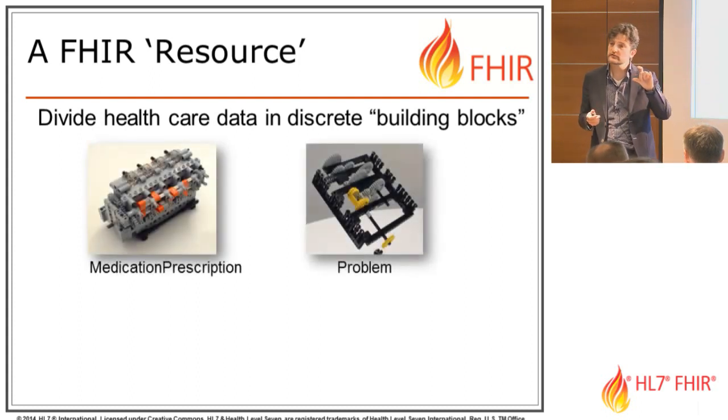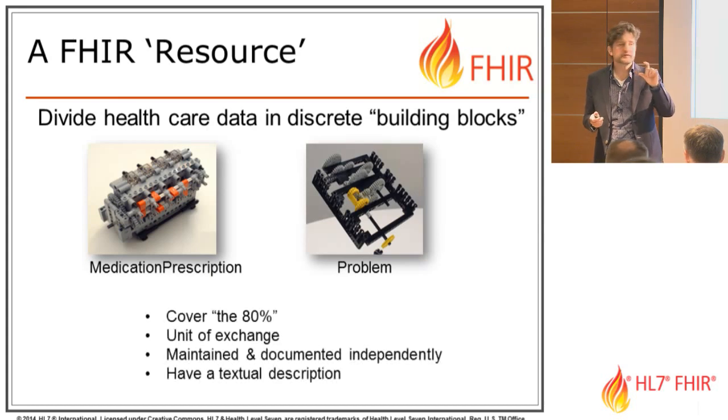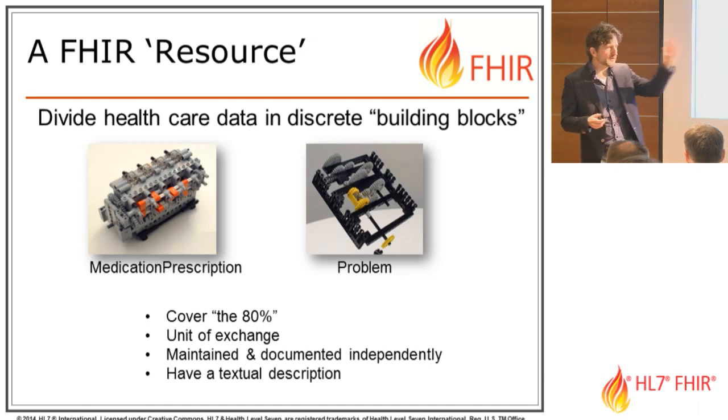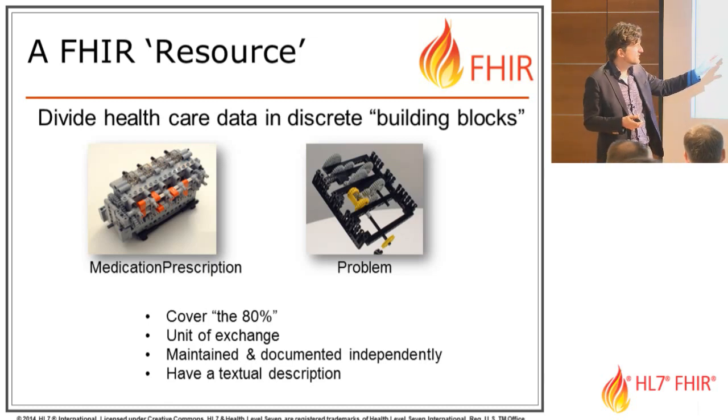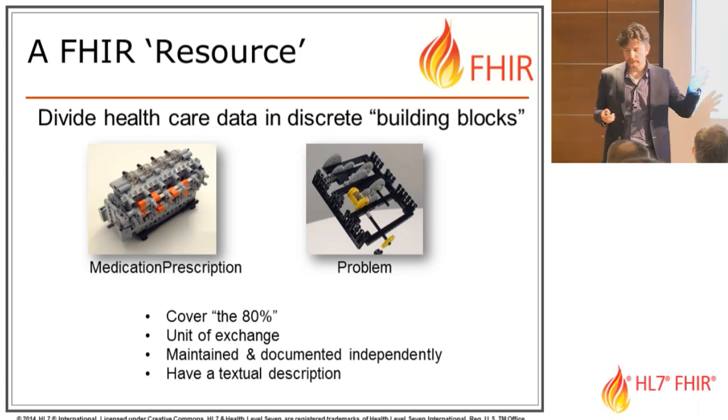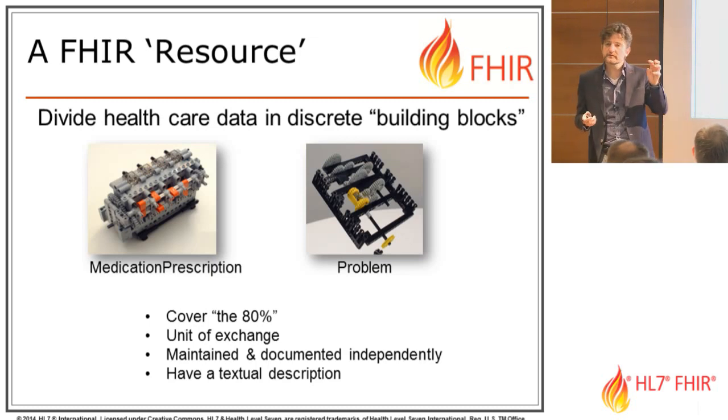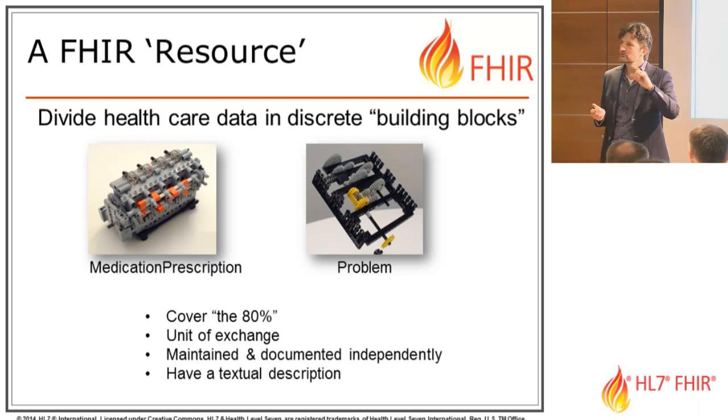These are little data models, maybe 20, 30 data elements, defined in the FHIR specification. The specification contains about 110 of those. These are completely documented. There's an XSD schema for it, a JSON schema, and so on. And these are the little blocks that you can send one by one, the smallest unit of exchange between two servers doing a FHIR exchange.